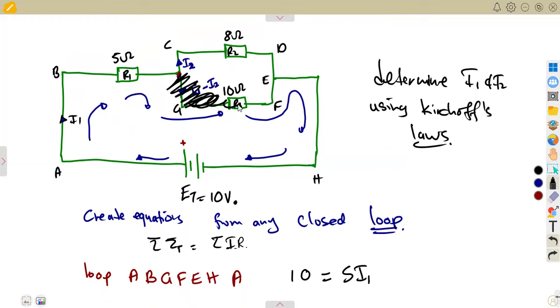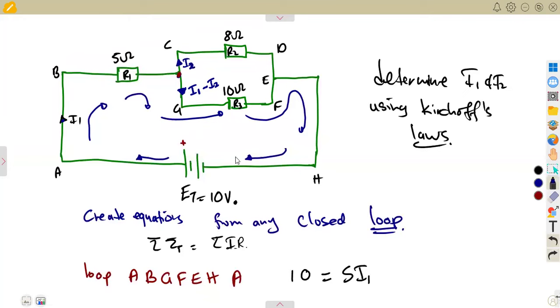This part here, there is a certain current that is in this branch. This branch where we have G, F, back to E, on this part, there is a current flowing, which is I1 minus I2.